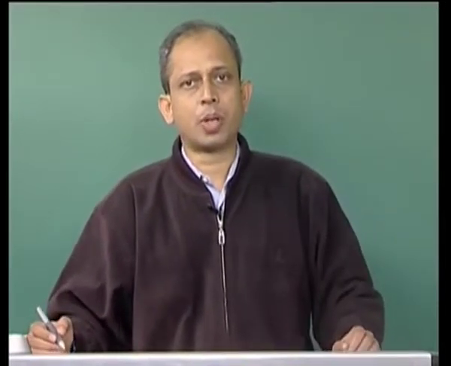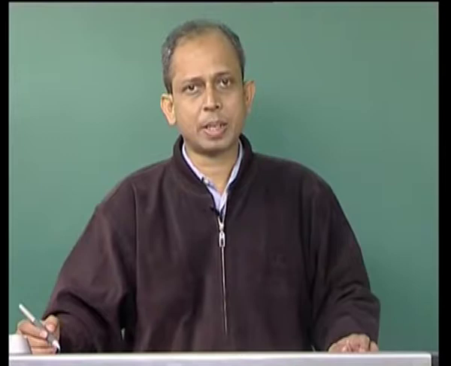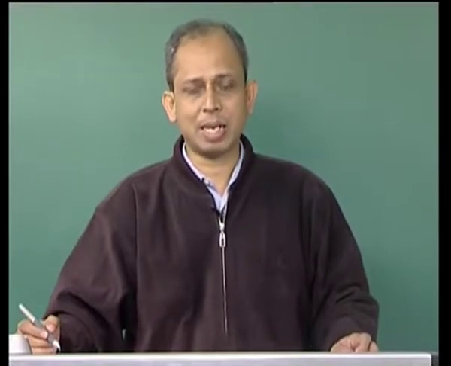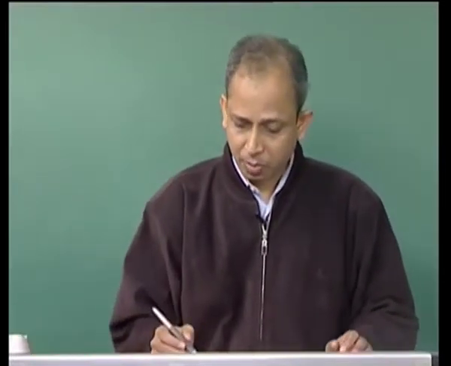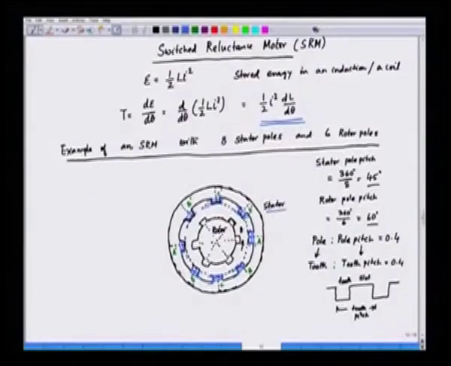So, if we see the cross sectional view of a switched reluctance motor or SRM, we can take a motor, take a cross section of that, and see that both the stator and the rotor are salient in nature. We have the stator core, which is laminated. The rotor core is also laminated.